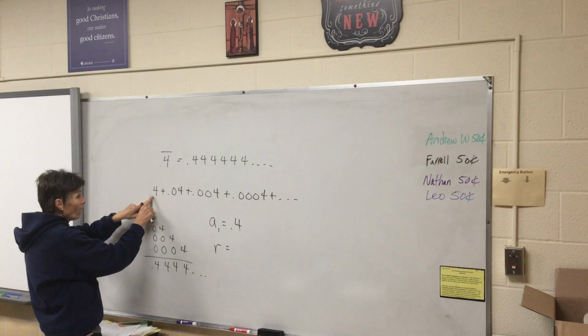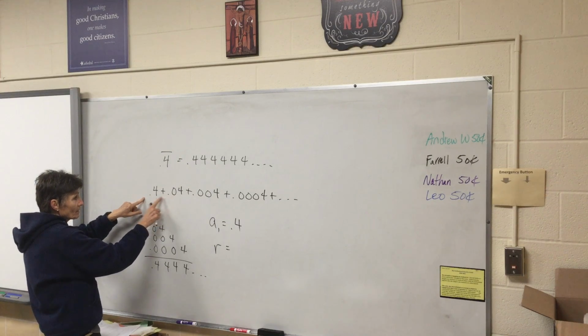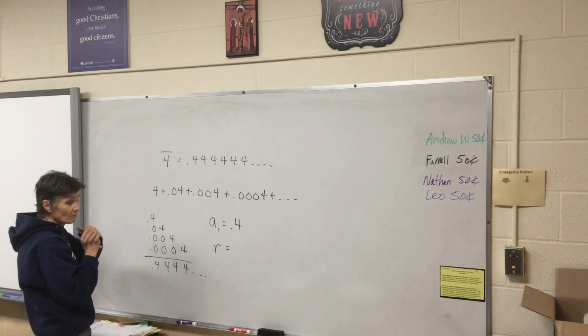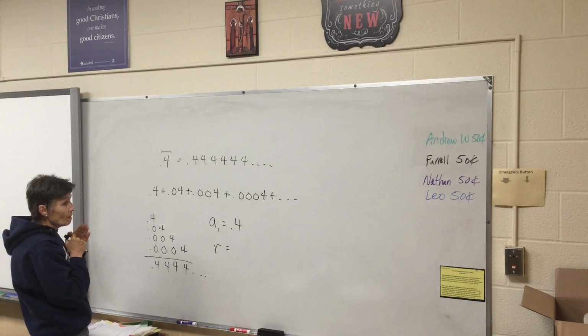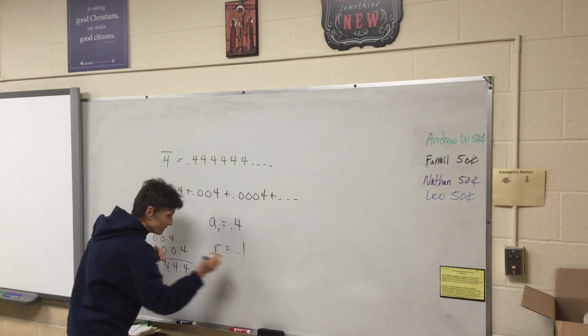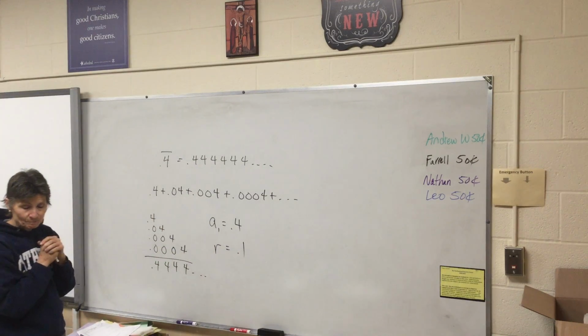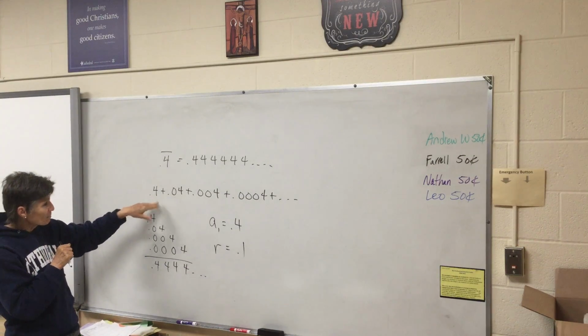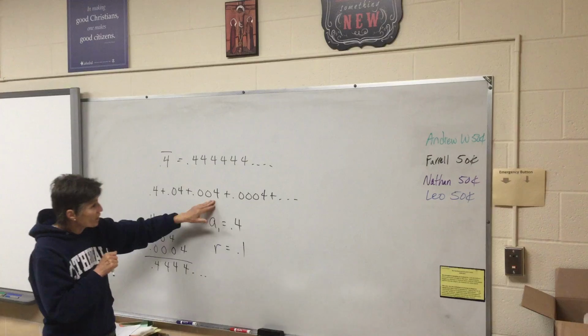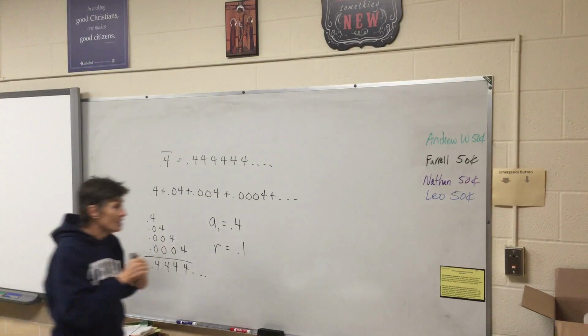Notice I'm moving it one decimal place. So what am I multiplying by if I'm moving it one decimal place? 0.1, very good. 1/10, one decimal place. We take this times 0.1 and this times 0.1, we just keep building that sequence.